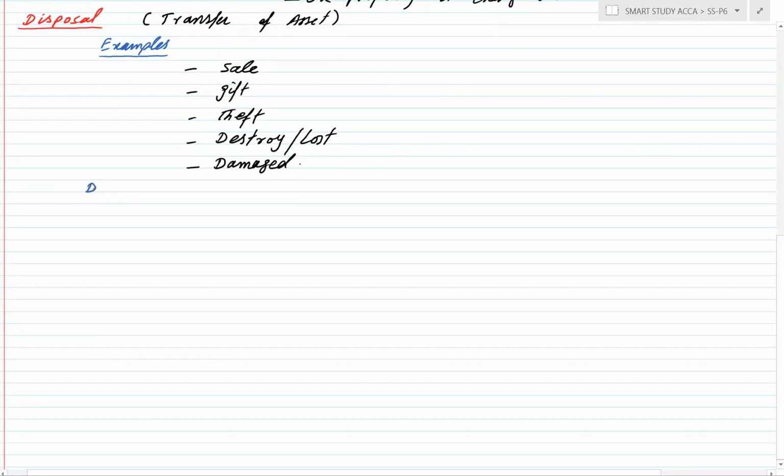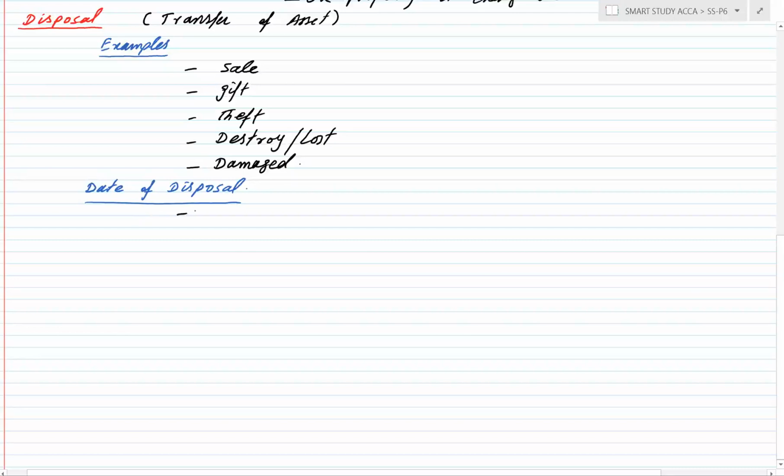Now, the next term is date of disposal. Normally it is the date when all the risks and rewards of an asset have transferred. The date when all the risks and rewards of an asset have transferred will be the date of disposal.